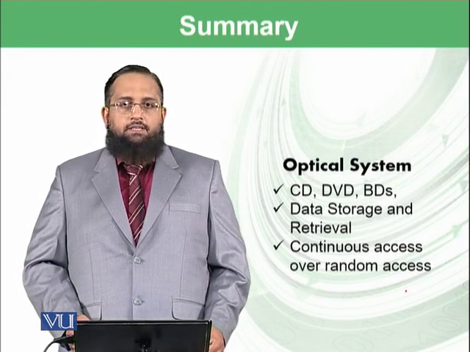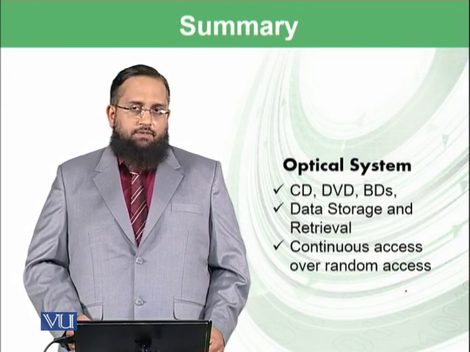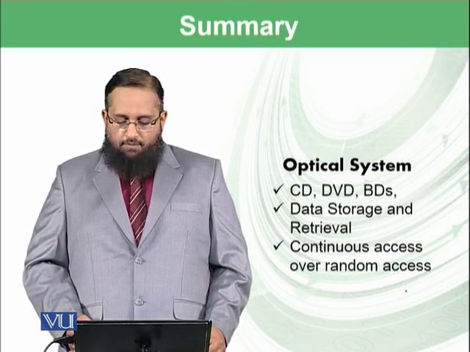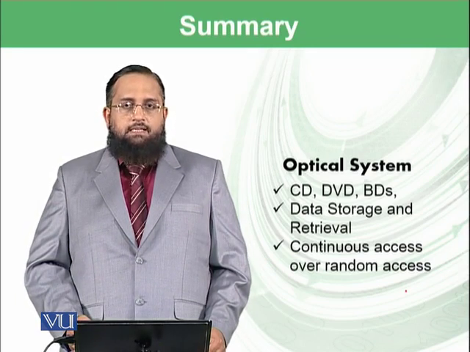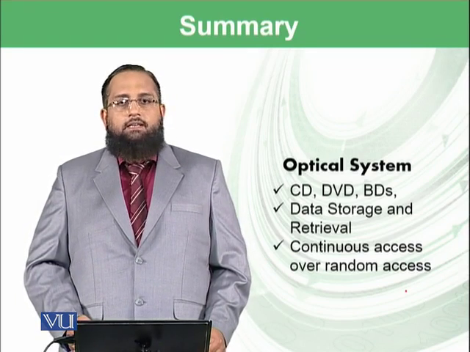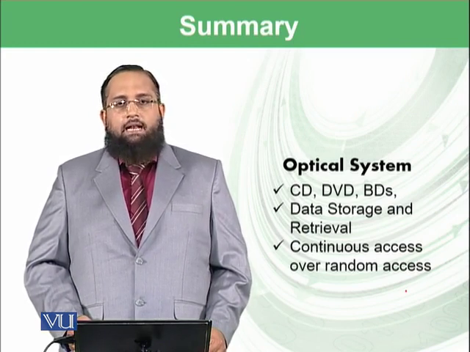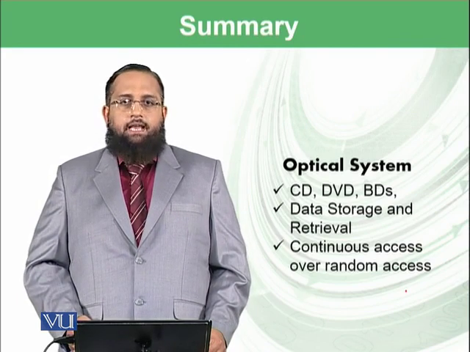To summarize today's module, we discussed another system besides magnetic systems, which is the optical system. We learned about CDs, DVDs and BDs, how data is stored on them and how it is retrieved, and that random retrieval is not possible on CDs and DVDs.